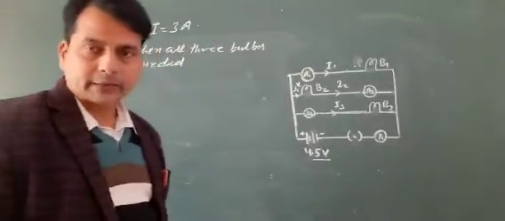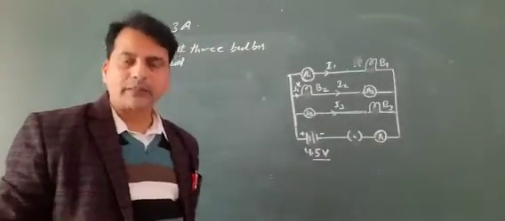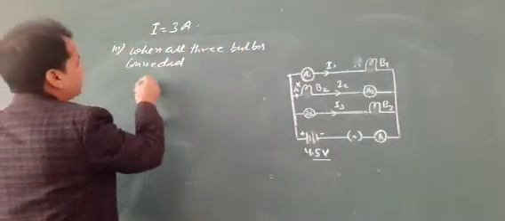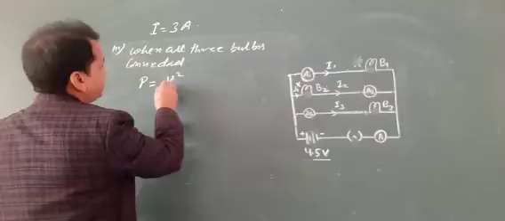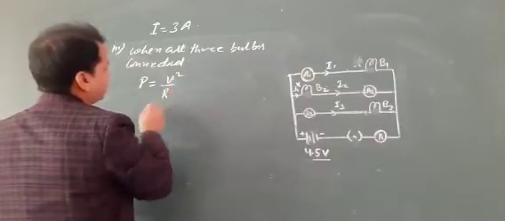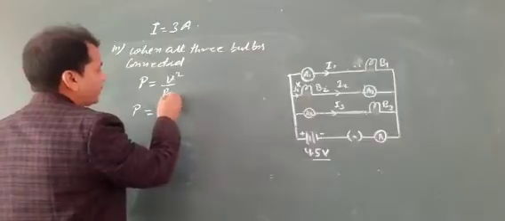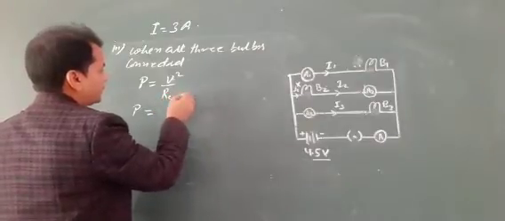then for power dissipated, we know that power P equal to V square by R, that is V square by the equivalent resistance.